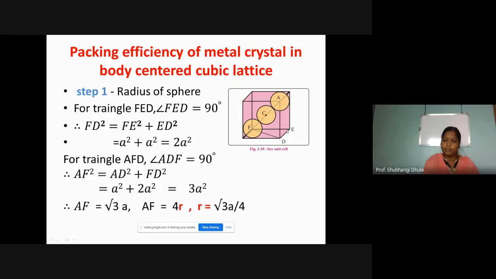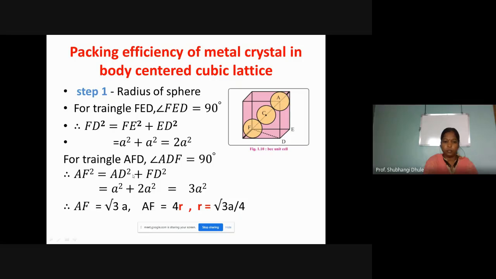First we took the angle FED, and now we go for the angle ADF, which is again 90 degrees. We are interested in calculating FA, the inner diagonal, that is 4r. We know this because this is r, then again r, again r, and again r, so in total it becomes 4r.